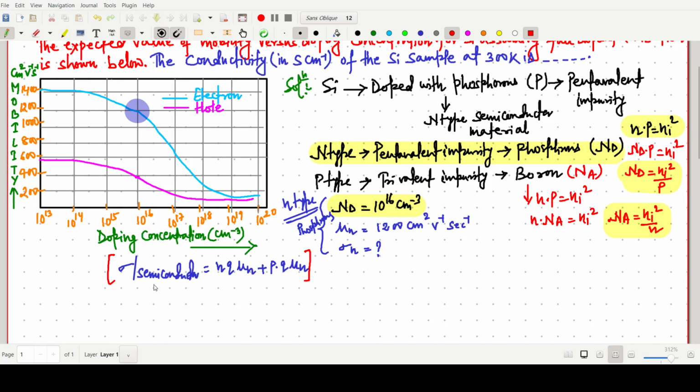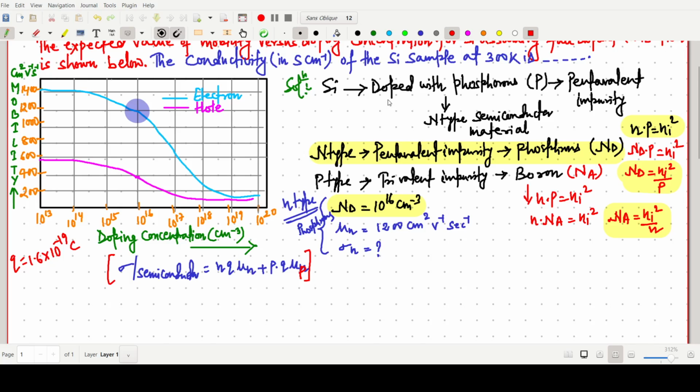Here n is the concentration of electrons, q is the electronic charge, 1.6 into 10 to the power minus 19 coulomb, and mu n is the mobility of the electron. Sorry, it should be mu p: mu p is the mobility of hole, q is the charge, and p is the equilibrium concentration of the hole.